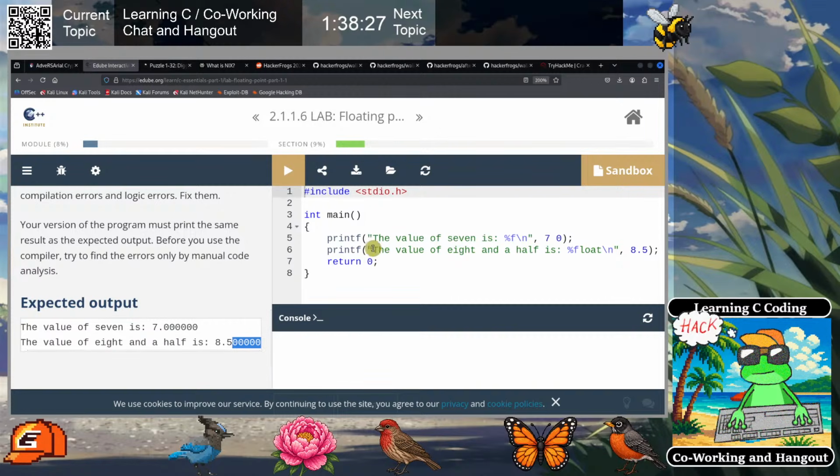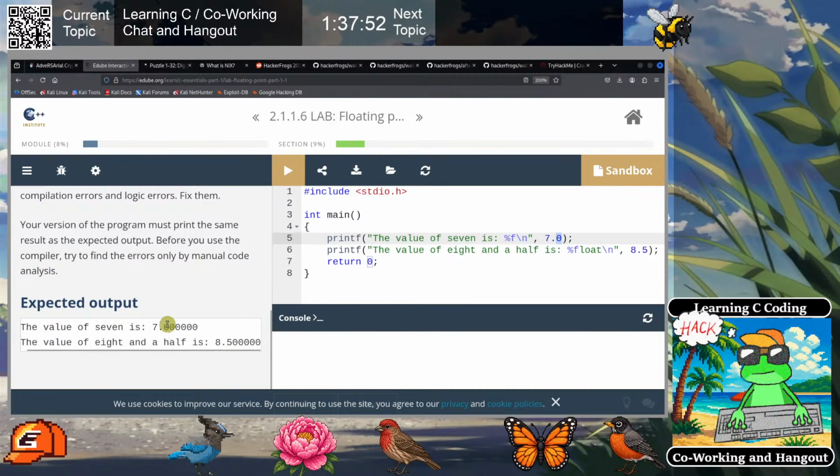Okay, so what is the code? So int main, we're not returning, we're not giving any parameters. Printf, the value of 7 is float 7.0. So this has to be a 7.0.